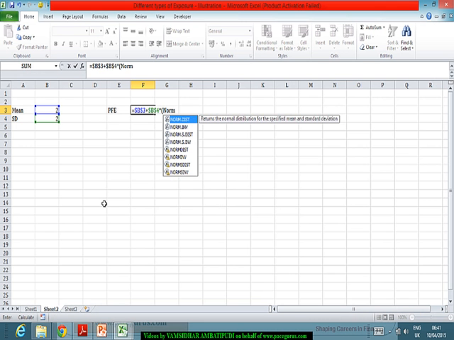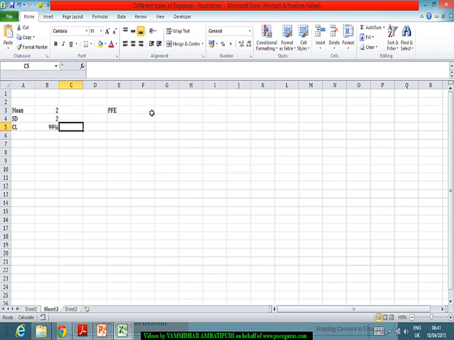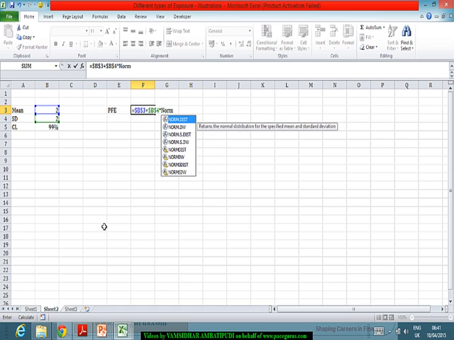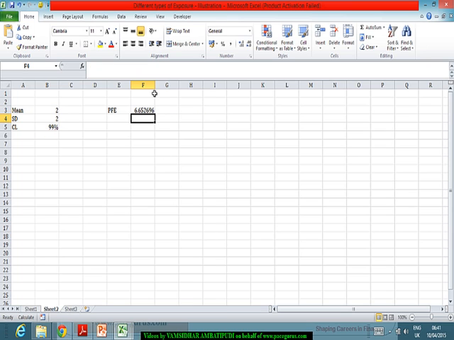So I'll take it as the standard normal distribution inverse associated with alpha, the confidence level. Let me take it as 99%. So here I am getting the potential future exposure as mean plus standard deviation times the standard normal inverse associated with a confidence level of 99%. It says the potential future exposure in this case is 6.65.